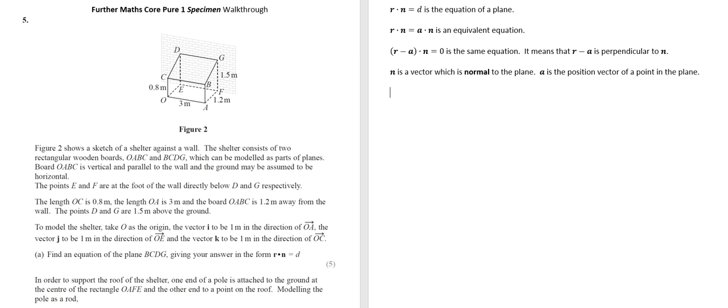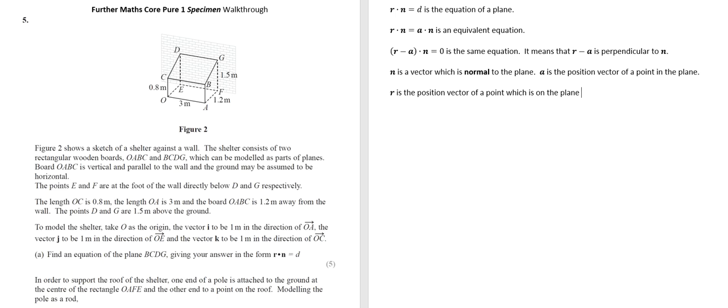It's a vector variable, that's why it's in bold here, or you might write it underlined in handwritten work, but it represents a general point. So the general point represented by r is a point which has to be on the plane.